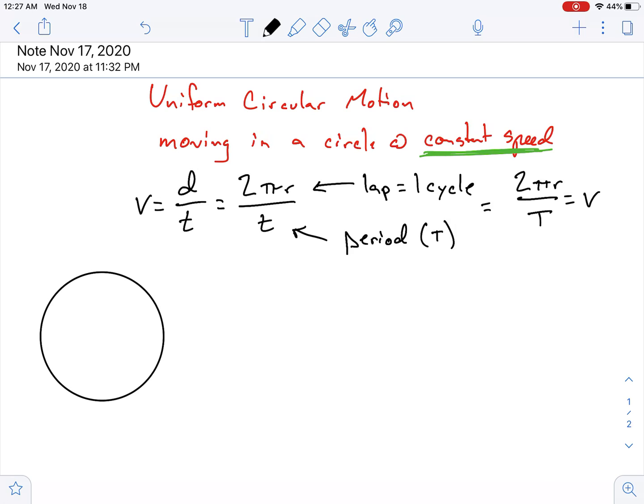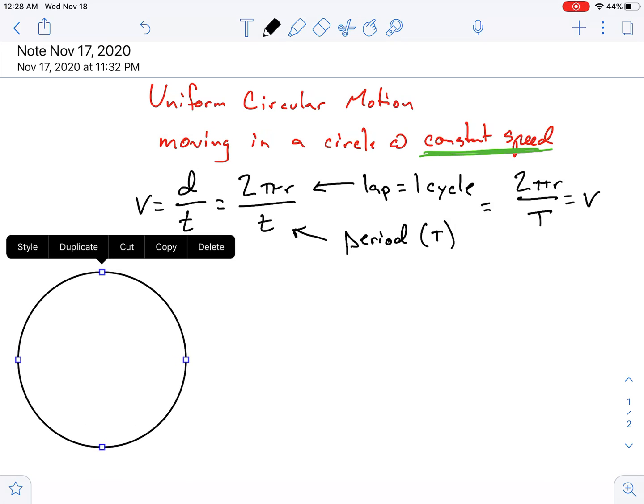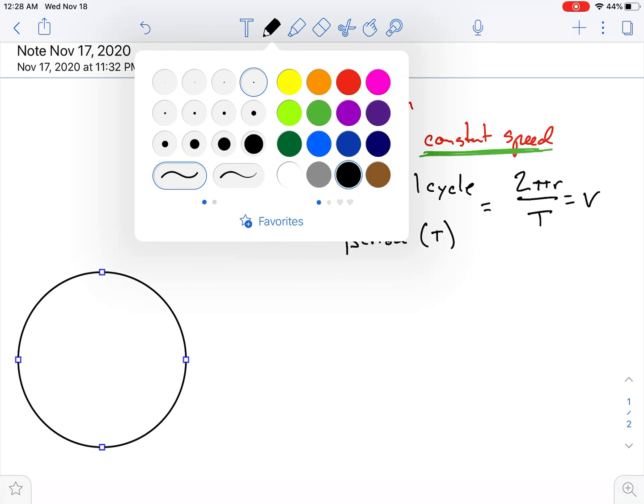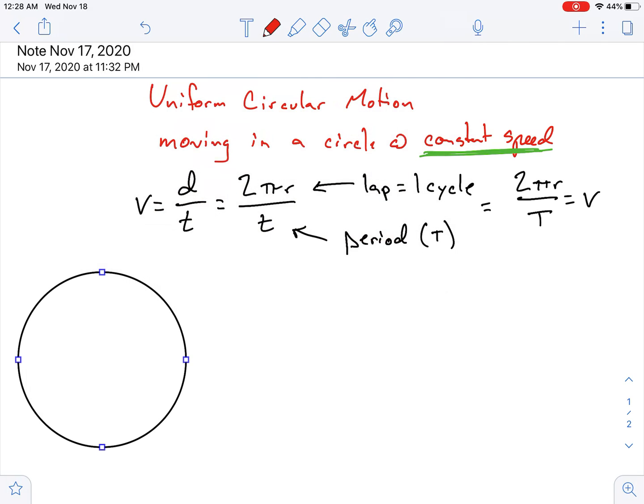Now, what I want to do is I want to look at that a little bit and talk about the moving around of a circle. And let's imagine that this circle that I have drawn here is, say, a record, like we saw the washer on a record player as part of your lab. And instead of looking at one washer on the record player, we're going to put two.